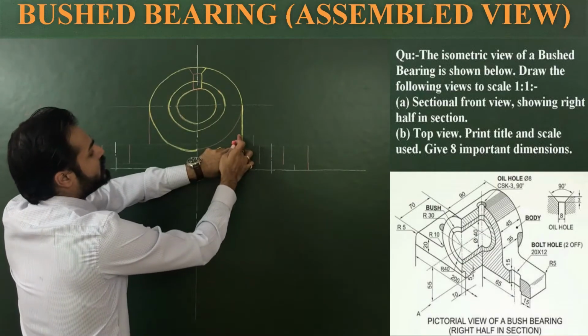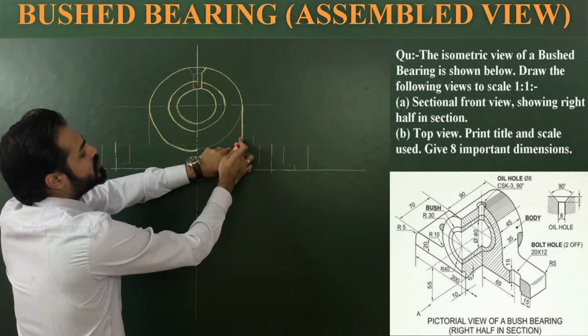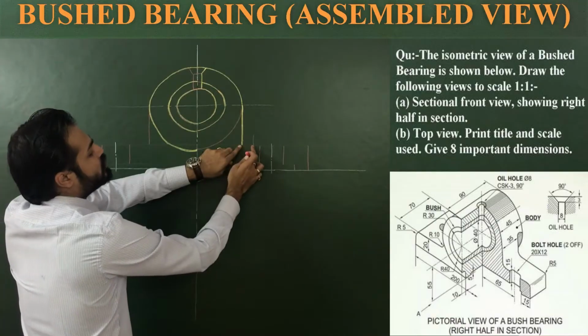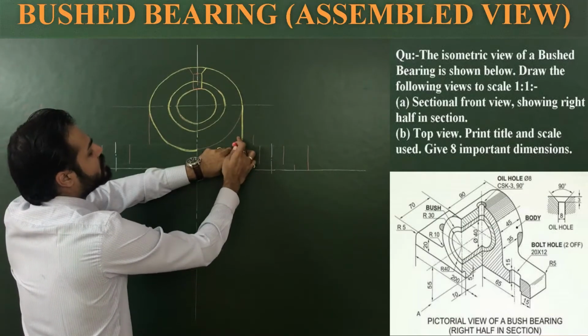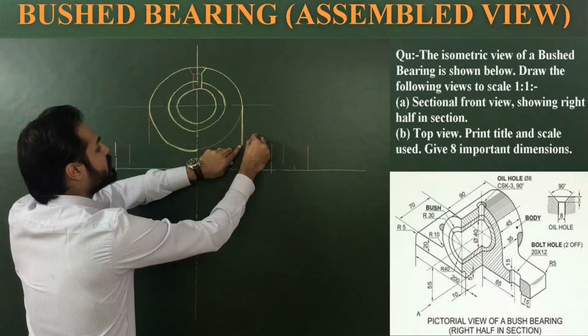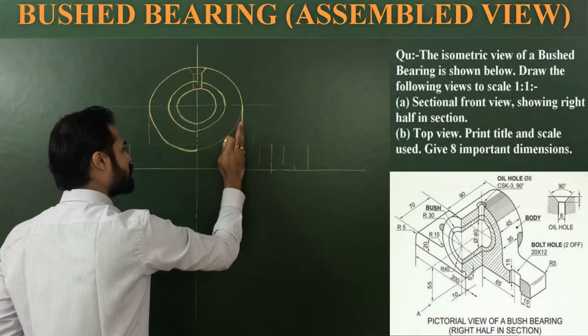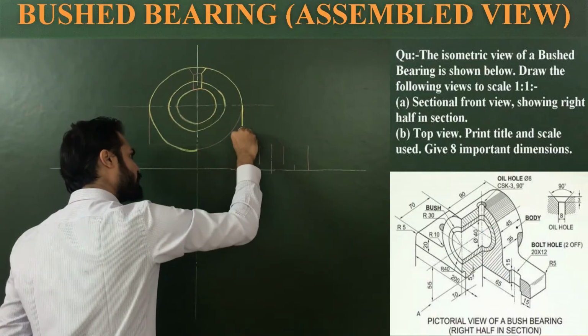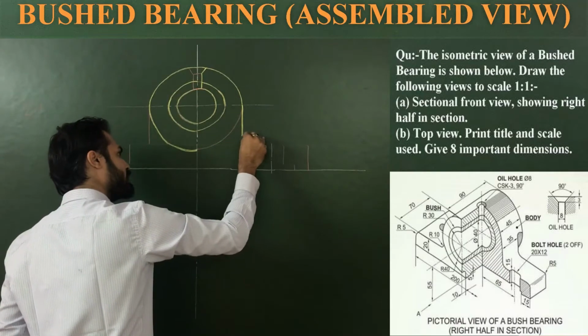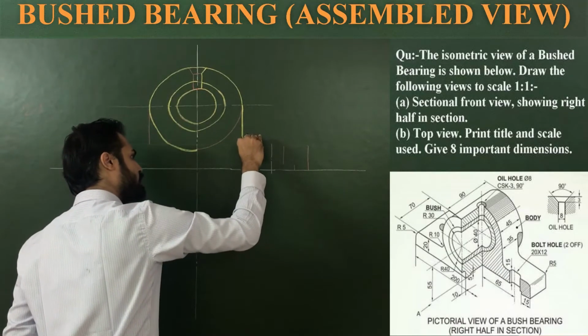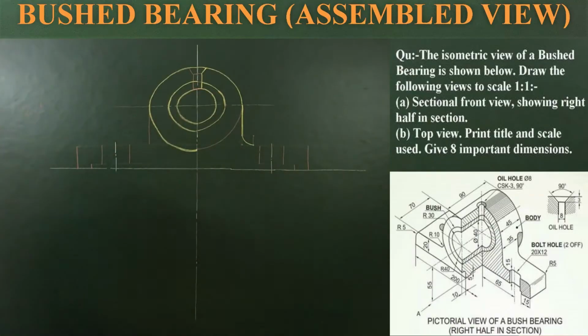So from this point, parallel to this and perpendicular to this. From this point, parallel to this side and perpendicular to this, you'll get this center for R10. Then using this center, 10 is radius, draw the fillet.